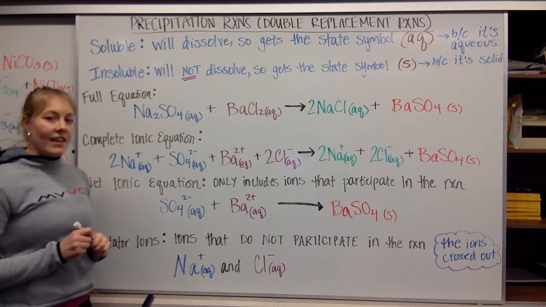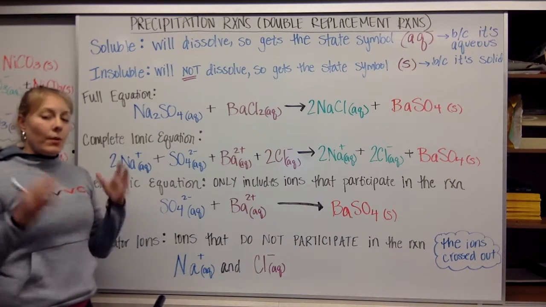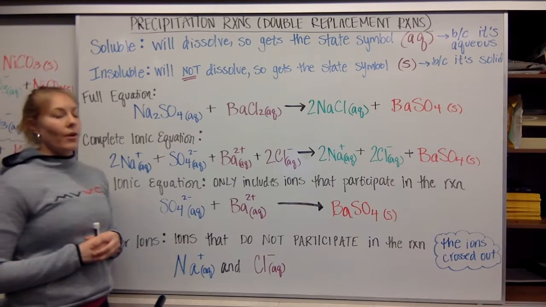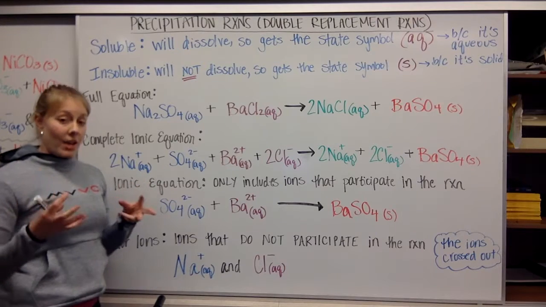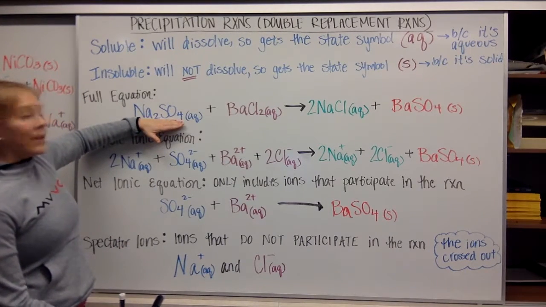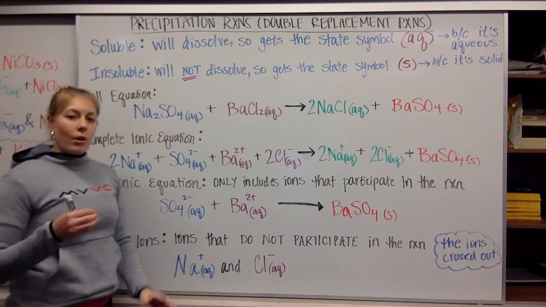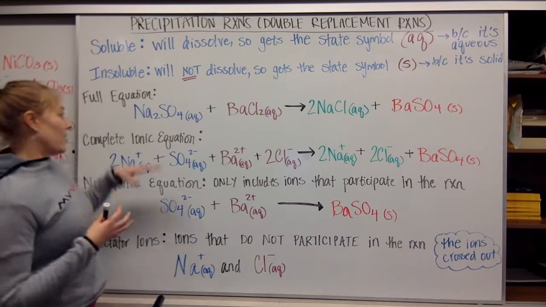Now what we see in these reactions is that when we break it down, there are ions that aren't participating in the reaction, all right? So if a compound is soluble and it's aqueous, it's going to dissolve. So we see Na2SO4, it's aqueous. That means it's going to dissolve. When it dissolves, it breaks down into its ions that make it up, right?